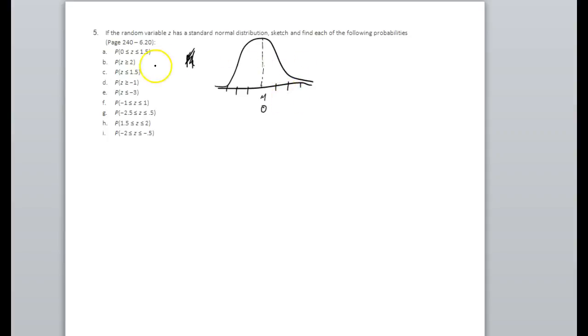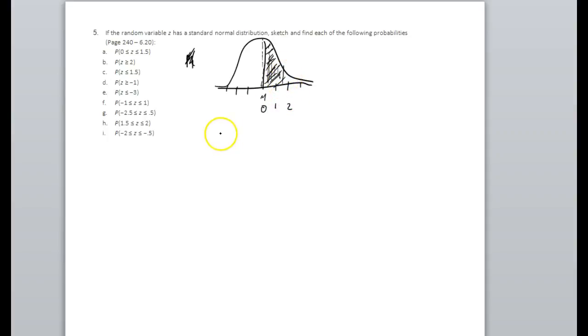Now it's asking, what is the probability of z being between 0 and 1.5? So let's find 1.5, and then let's find 0. 0 is right here. So we want to know the probability in this spot right here. This is how we would visualize this: the probability from 0 to 1.5 is represented by the area under the curve here.